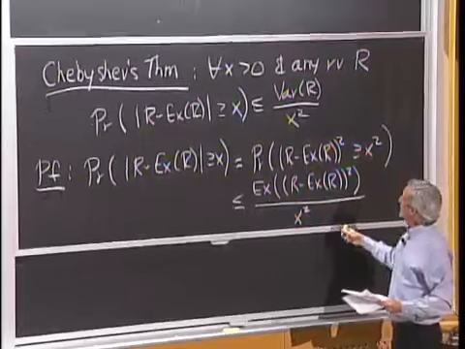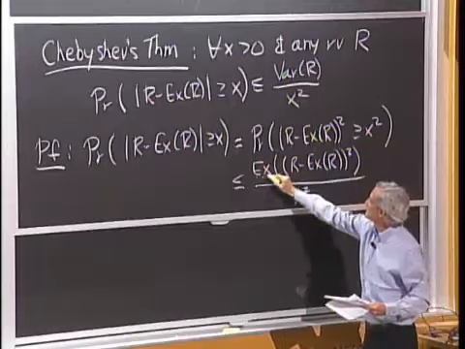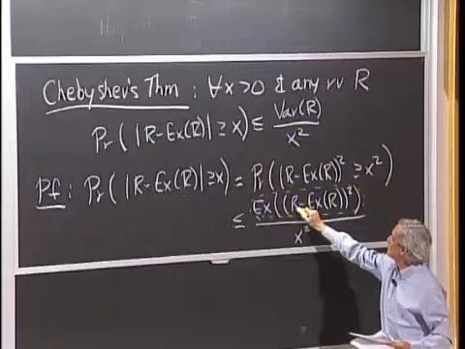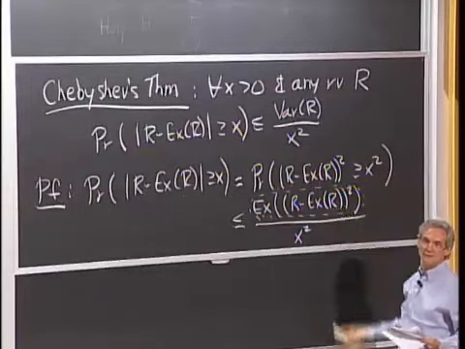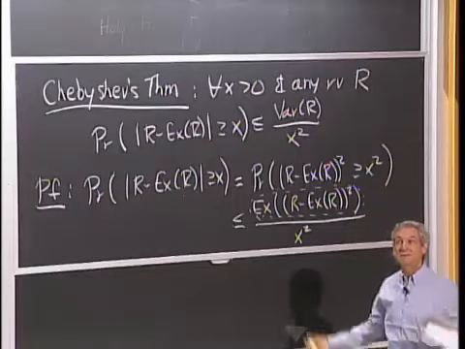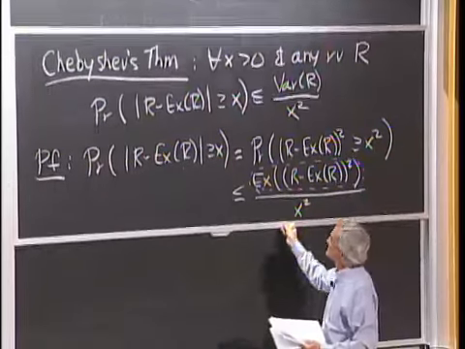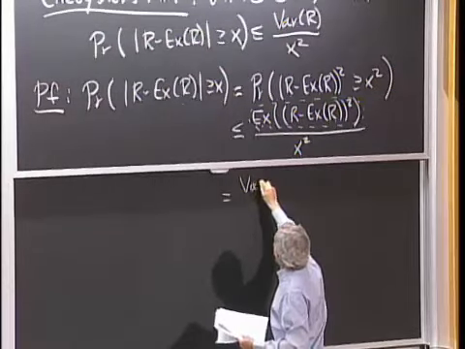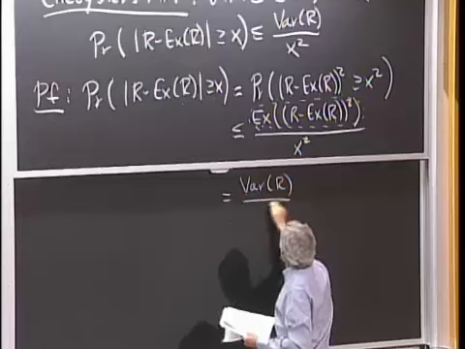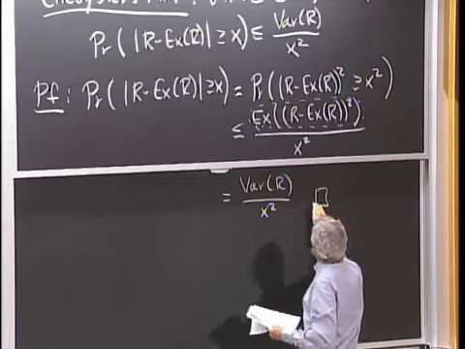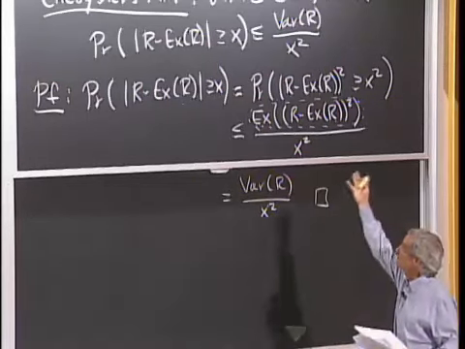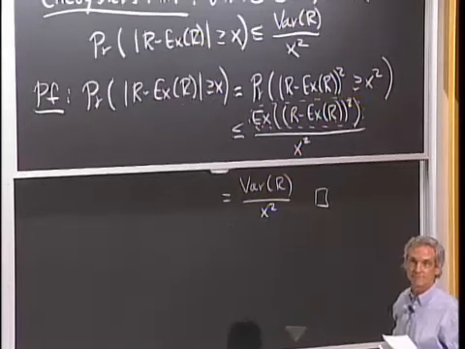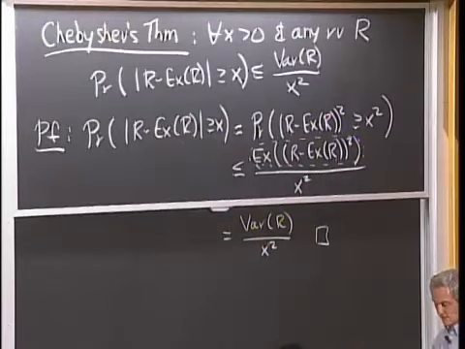What's a simpler expression for this? The expected value of the square of the deviation of a random variable is the variance. That's the definition of variance. So that is just the variance of r over x squared. And we're done. So Chebyshev's theorem is really just another version of Markov's theorem, but now it's based on the variance.